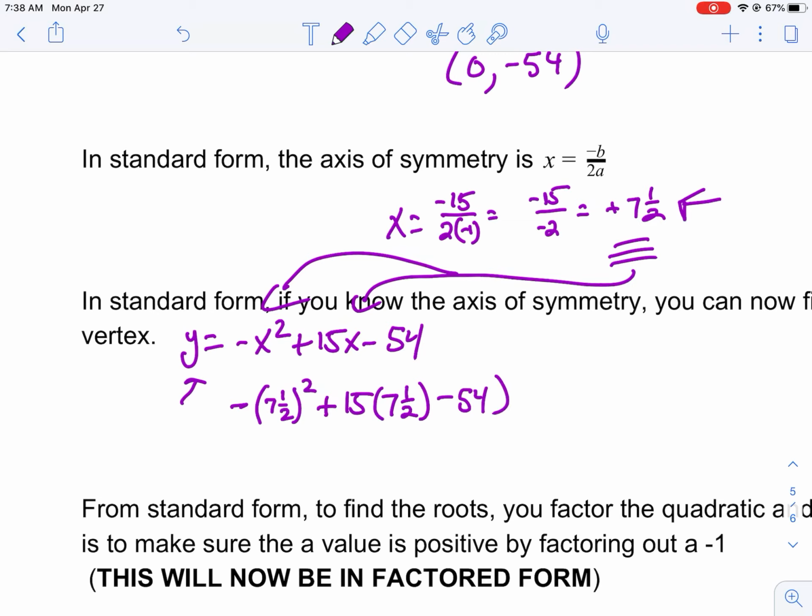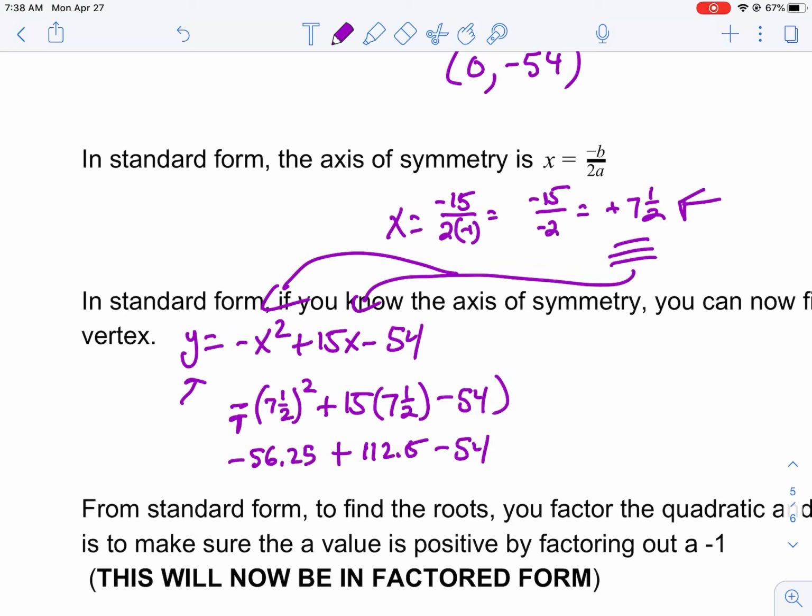Quickly, let's see what I get on my calculator. 7.5 squared is 56.25, but that negative does not come off it. It's negative 56.25, plus 15 times 7.5, and if you want to use decimals, you can, that's 112.5, minus 54.